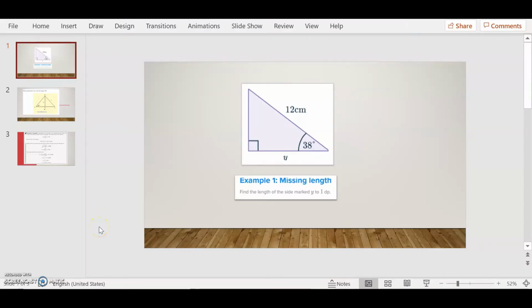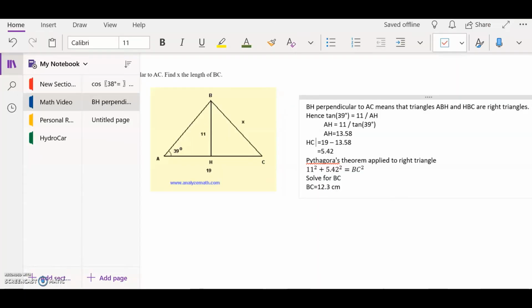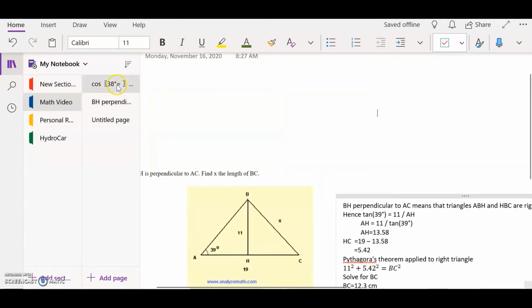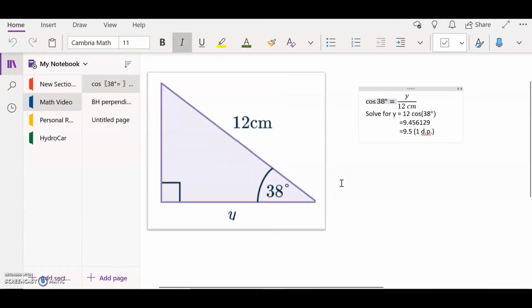Now we will look at some questions on trigonometry. The first one is missing length. Find the length of the side marked y. How we solve this question is by firstly identifying the information given. We have an angle of 38 degrees and we have a hypotenuse.